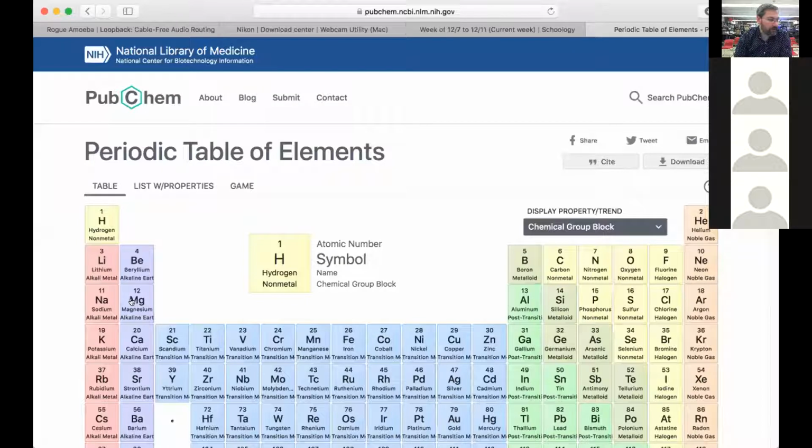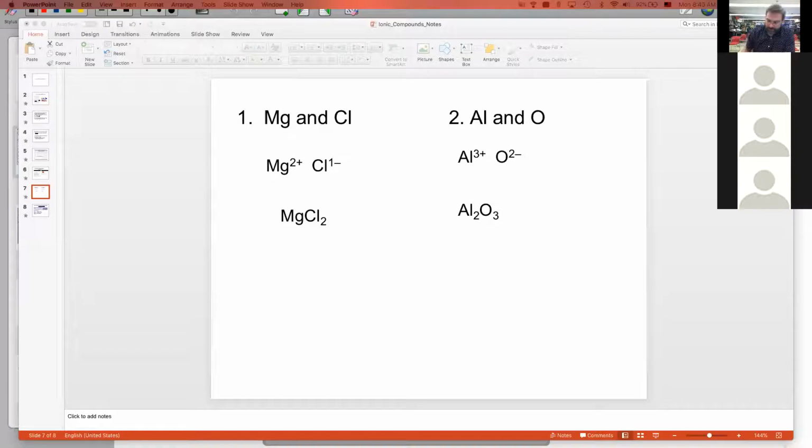So magnesium is right here. That's in the second group of the periodic table. It's got a charge of 2 plus. And chlorine is a halogen, and that has a charge of 1 minus. So we have magnesium with a charge of 2 plus, and chlorine with a charge of 1 minus.